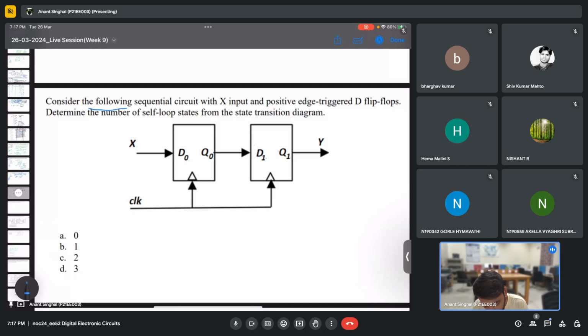This is saying to consider the following sequential circuit with X input and positive edge trigger D flip flop, to determine the self loop state from the state transition diagram. So I hope state transition diagram has already been covered in the lecture.